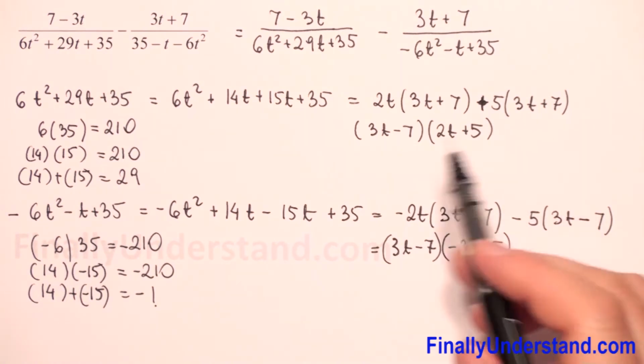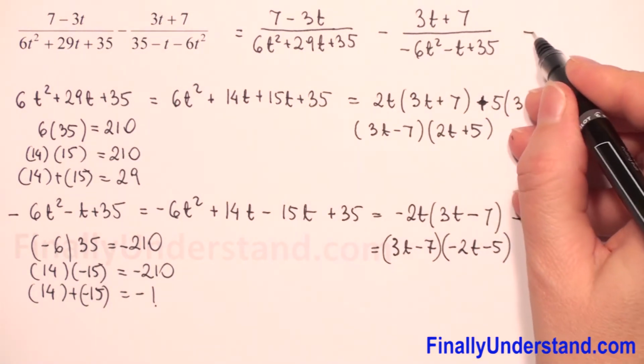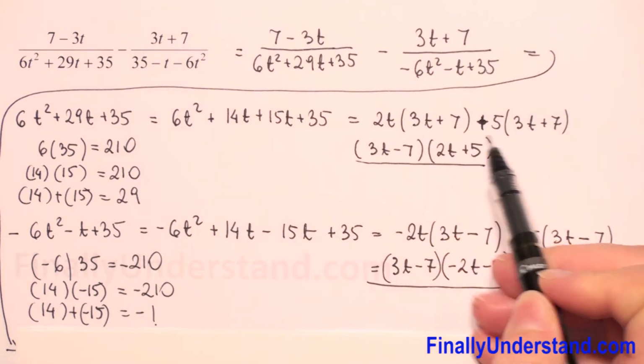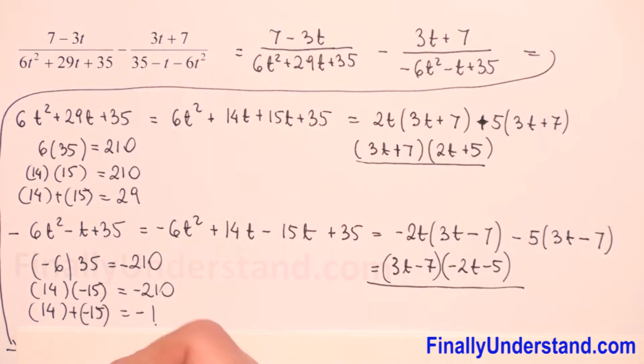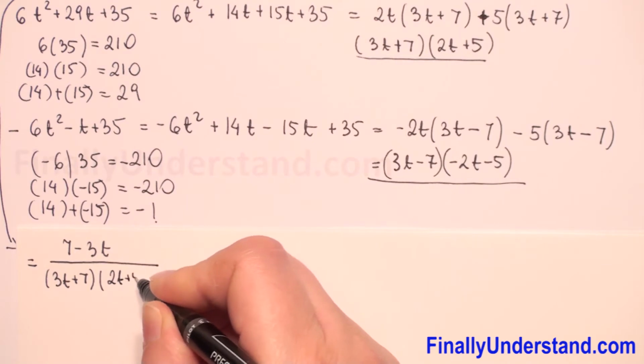So now we can rewrite our two algebraic fractions. And of course I made a mistake because we have here 3t plus 7, 3t plus 7, so I have to put here a plus sign. So now this is equal. In the numerator we have to copy 7 minus 3t, and the denominator we will rewrite: this is 3t plus 7 times 2t plus 5.